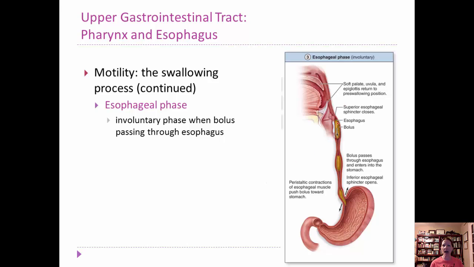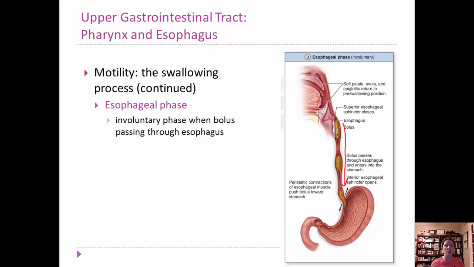As soon as it passes that upper esophageal sphincter, that sphincter is going to close to make sure that the bolus does not come back up. So that's really important as well. The bolus of food is going to move down, down, down, all the way down the esophagus. And as the bolus of food moves down, that lower esophageal sphincter is going to open.